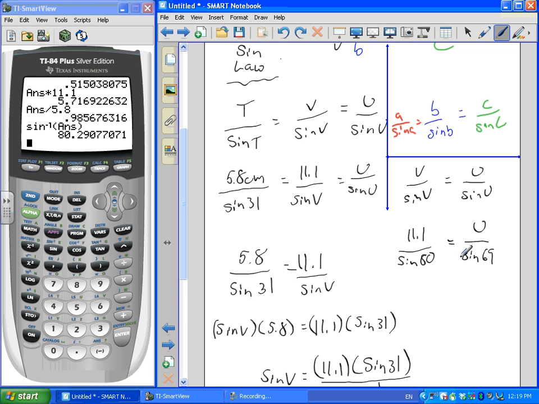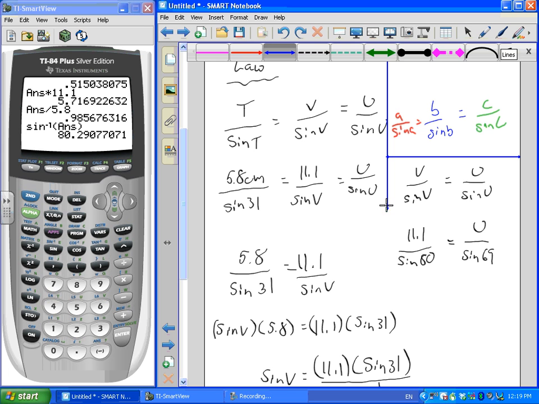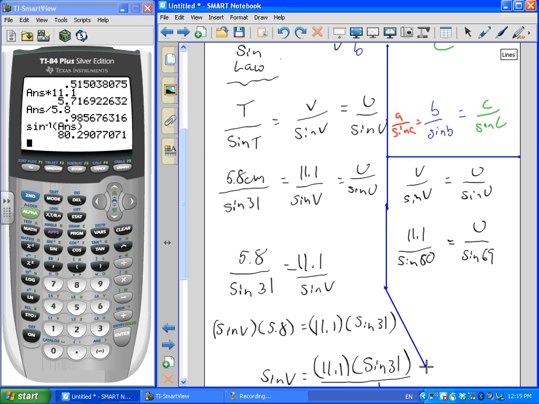We're trying to solve for U, and we know that sine U is 69 degrees. So the 69 needs to go to the other side of the equation. Let's get some arrows just so we don't run into each other here. Okay? This is a separate calculation. Our sine 69 needs to go to the other side of the equation, like we've done before. So it needs to go to the top of that fraction.